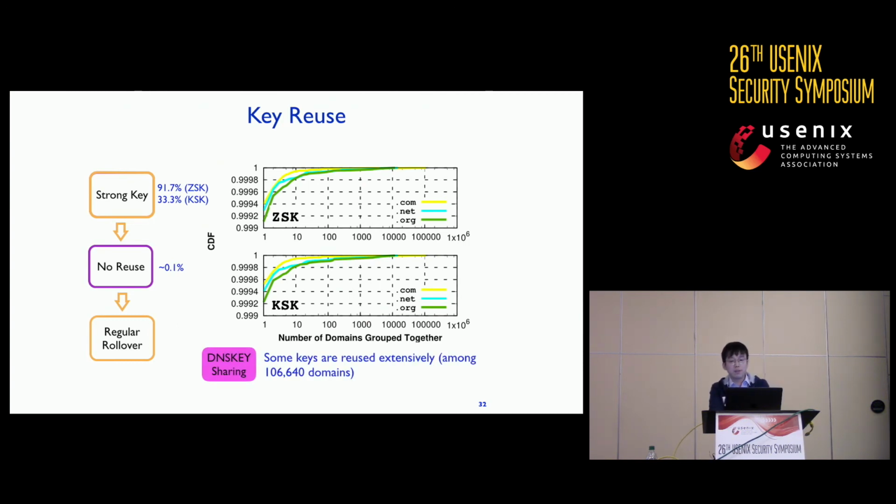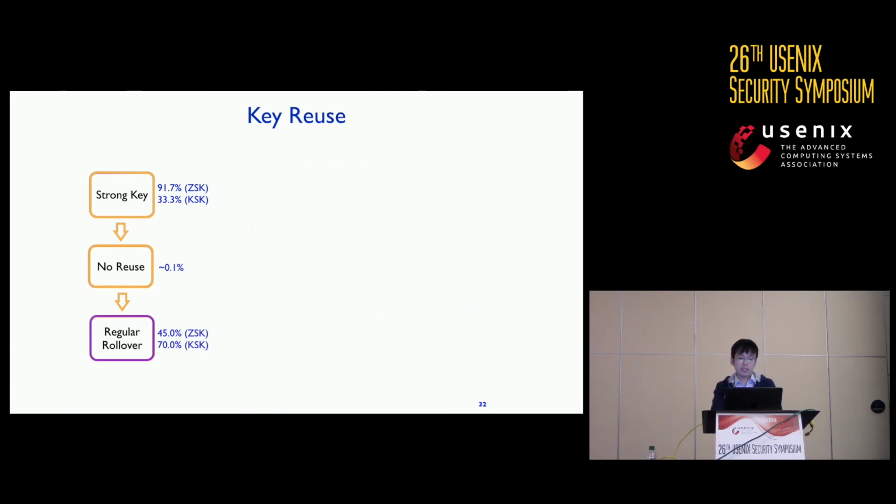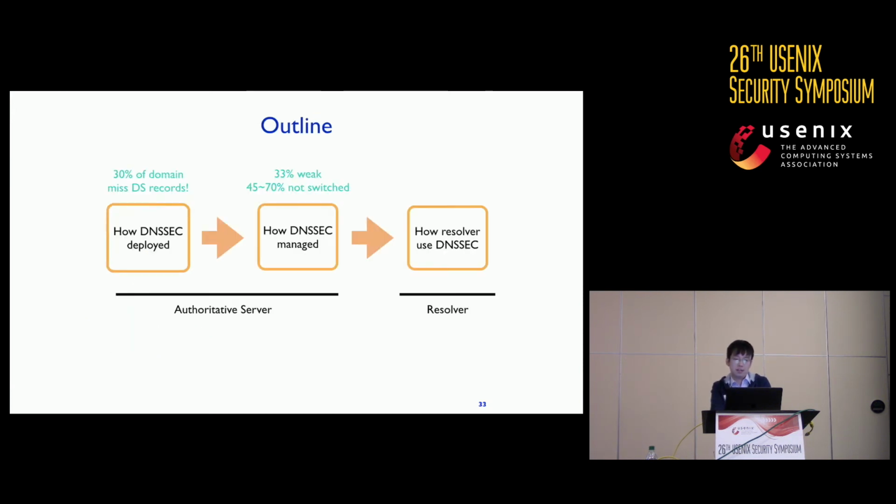We found that some hosting providers use the same DNSKEY for all their domains: Loopia, Binero, CD Network, Cloudflare. Due to the time limitation, we're not going to cover rollover, but we found that during our measurement period, 70% of key signing keys and 45% of zone signing keys were not rolled over at all.